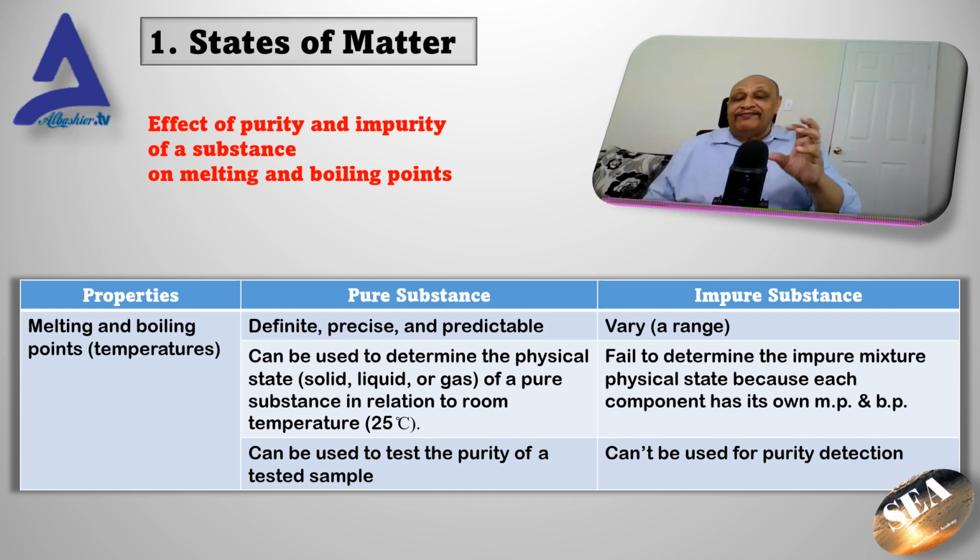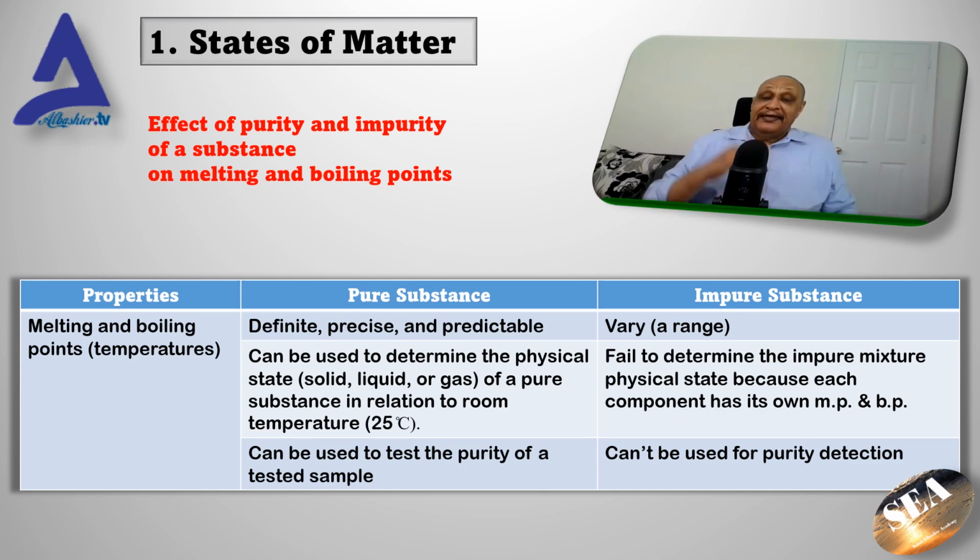Now, if I have a tested substance that melts below 25 degrees Celsius and boils above 25 degrees Celsius, that means this tested substance is a liquid at universal room temperature, which is 25 degrees Celsius.